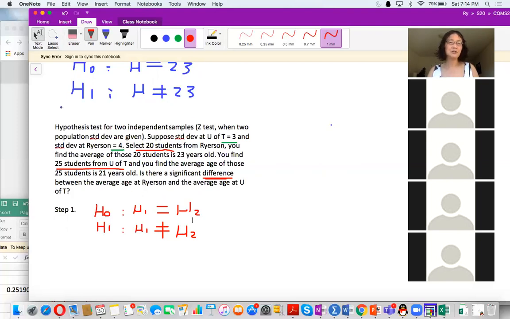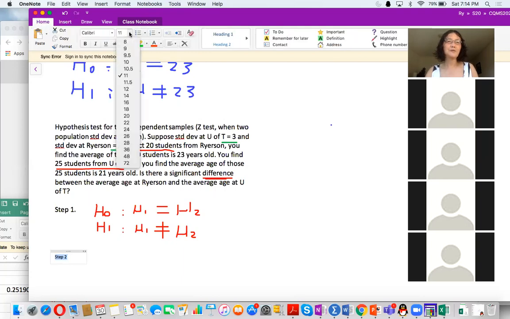And step 2, always state alpha. Step 2, specify alpha. Alpha usually is given. If alpha is not given, you use 0.05. This applies to the final exam.